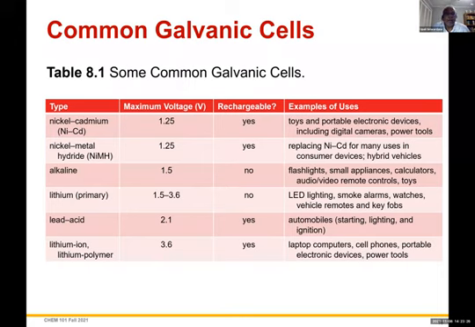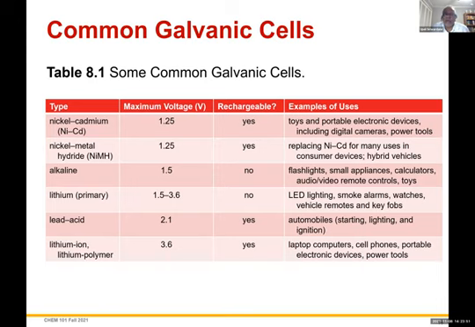Lithium battery, primary, is non-rechargeable. Primary lithium batteries are used in LED lightings, smoke alarms, wristwatches. There are small batteries in calculators, vehicle remotes, key fobs. They are not rechargeable.